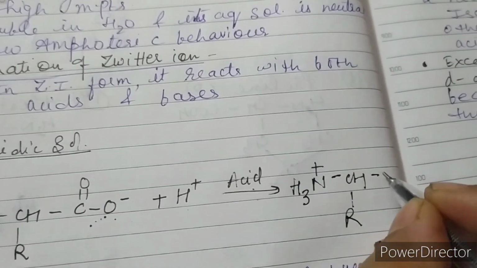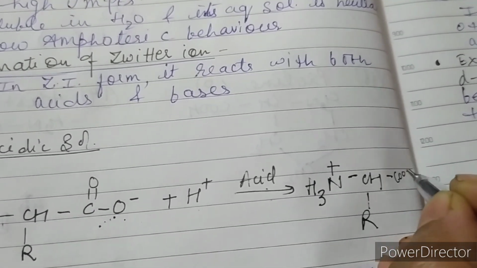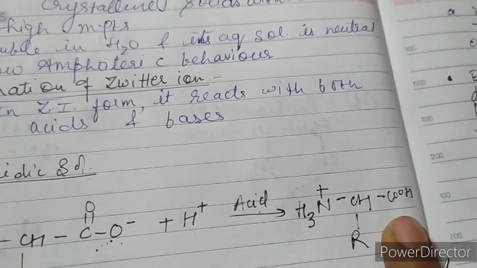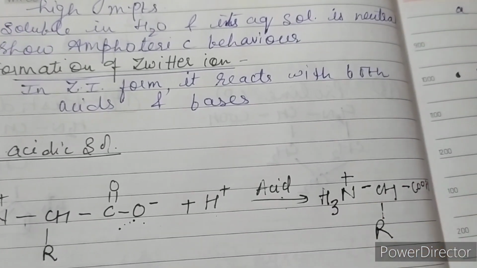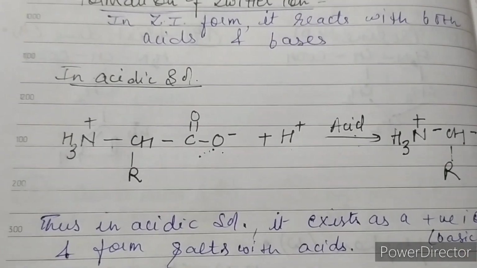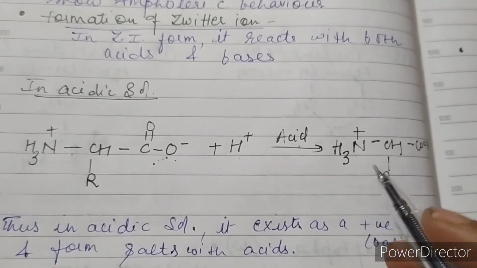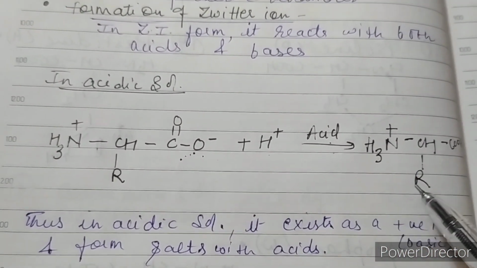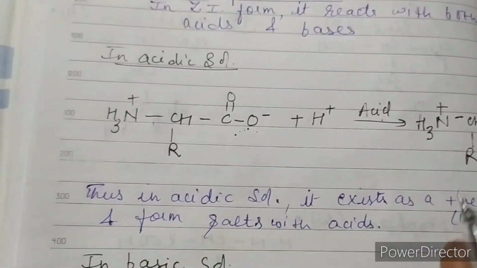This will remain same, and here a proton will be accepted by carboxylate ion to form COOH, and the entire structure now formed is a positive ion, or you can say a basic ion. So in acidic solution, amino acid exists as a positive ion or basic ion and forms salt with acids.